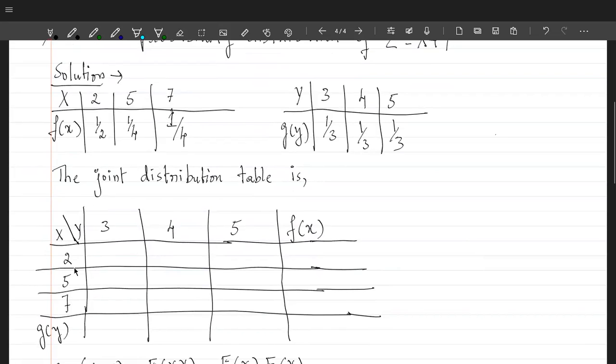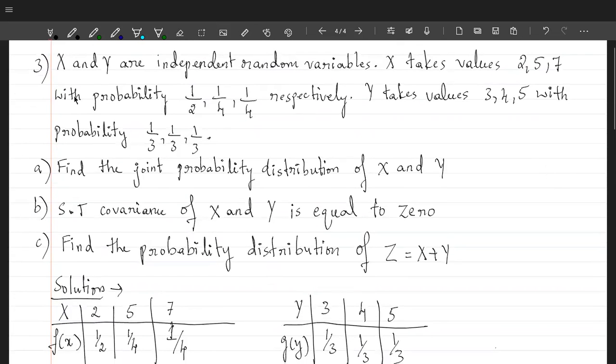So how to do that? What we have to do here is, we have to note this observation. That is, they have given that x and y are independent random variables. If x and y are independent random variables, how do you calculate the value of covariance? It will be E of xy, and E of xy will be equal to E of x into E of y.